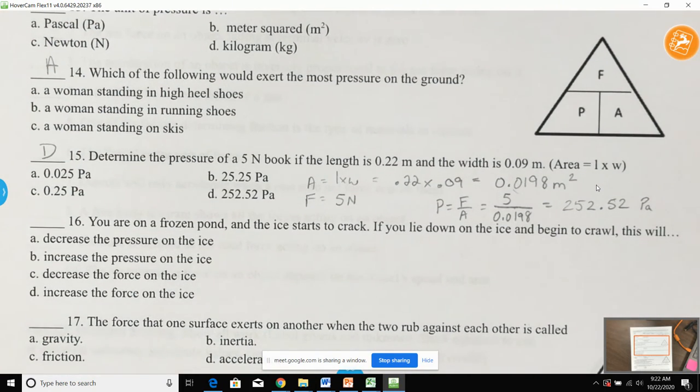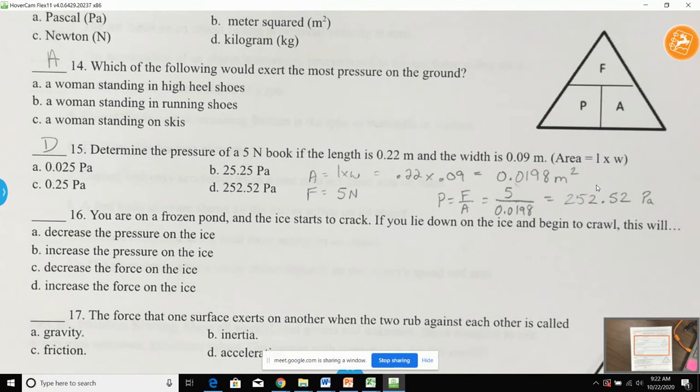Oh, this is a cool question. Okay, so if you're on a frozen pond and the ice starts to crack, you're going to want to do what? Don't run. You want to decrease the pressure on the ice. It's the pressure that's going to wind up breaking the ice.